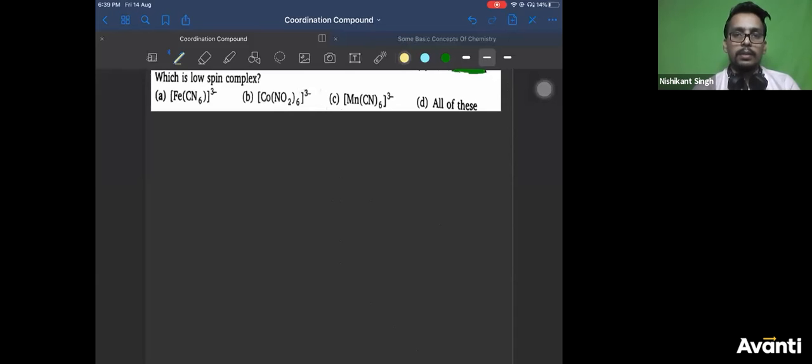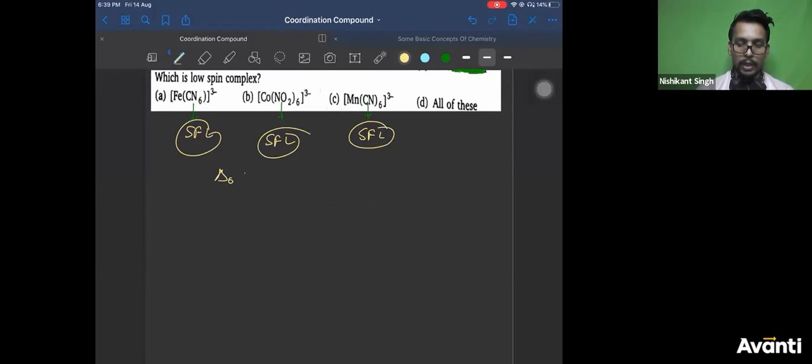I was not expecting this from Tejas and Naren. Strong field ligand. Strong field ligand means delta O is high.